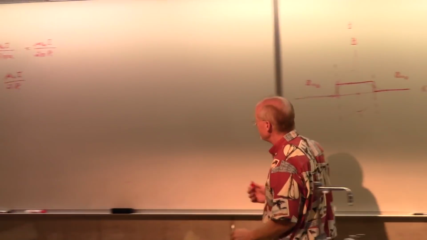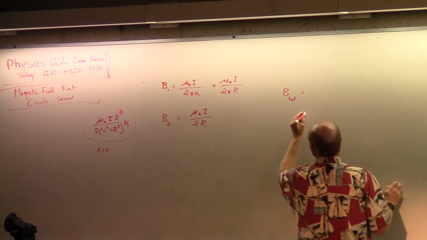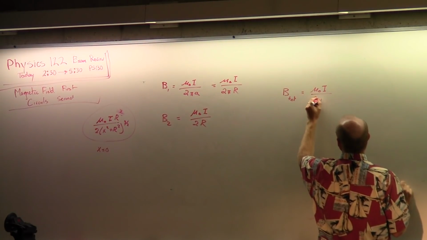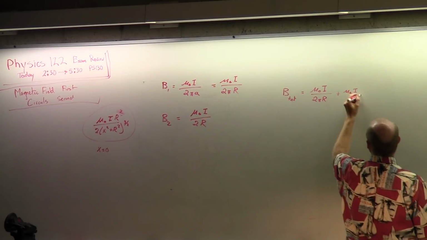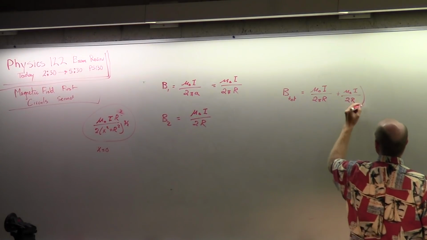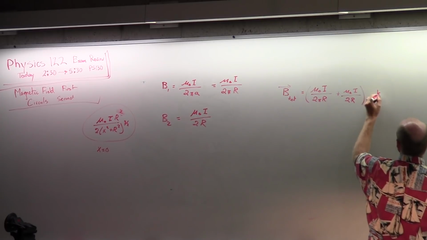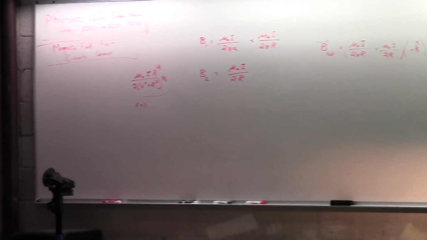So the answer here for the total field would be the two added together: mu naught I over 2 pi r, and then mu naught I over 2r. And to make it a vector, calling into the screen the negative z direction, there would be my vector.